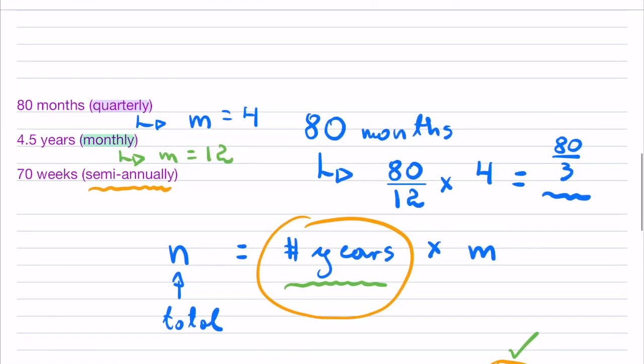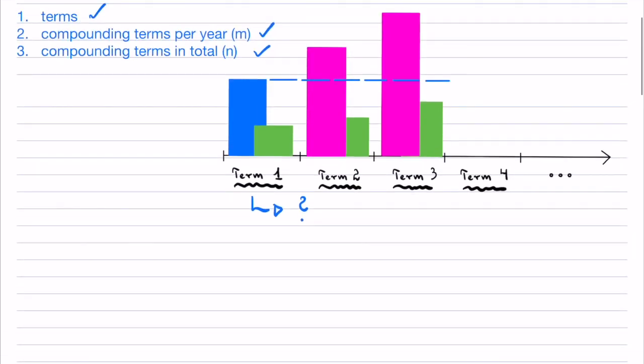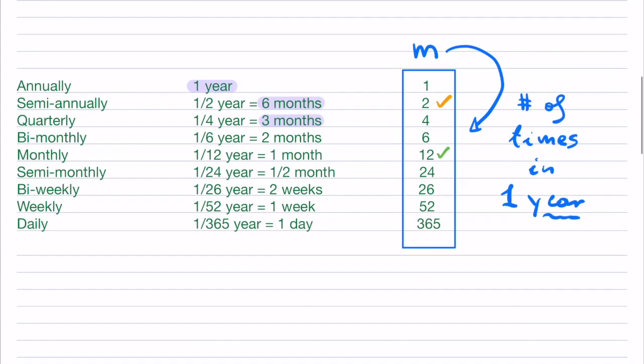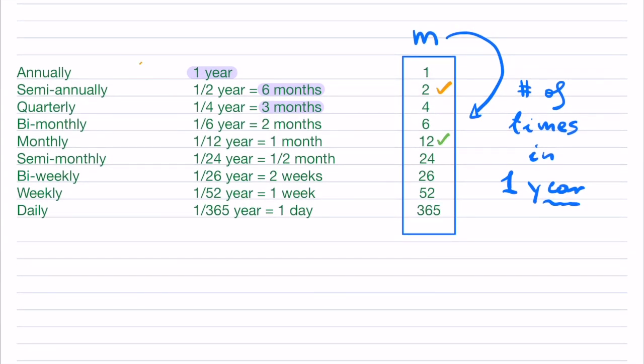So just to recap, the number of terms that we are interested in is always related to how you are compounding. And you can compound in various amounts that you saw right here. That always gives us the total number of compounding periods per year.